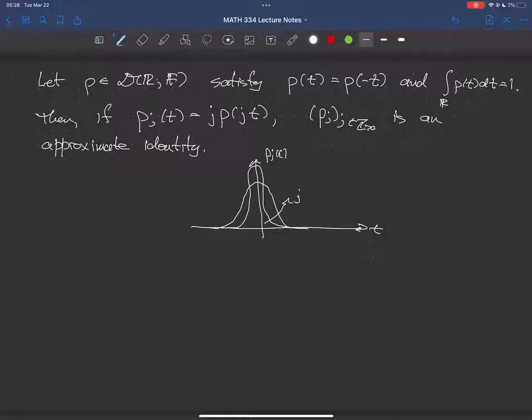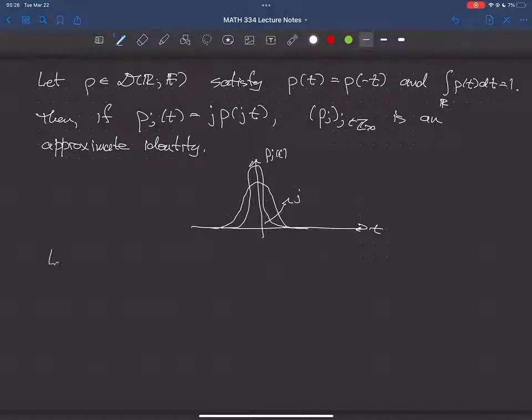Now, I'm also going to choose not an approximate identity, but what I call a special approximate unit.